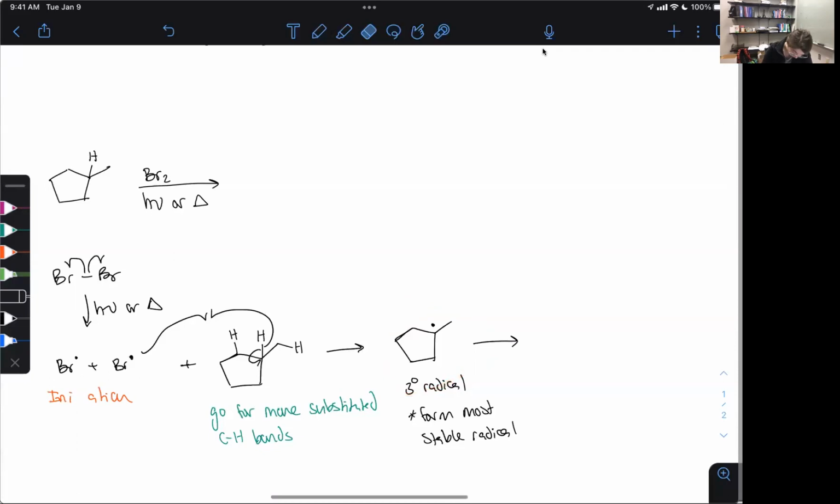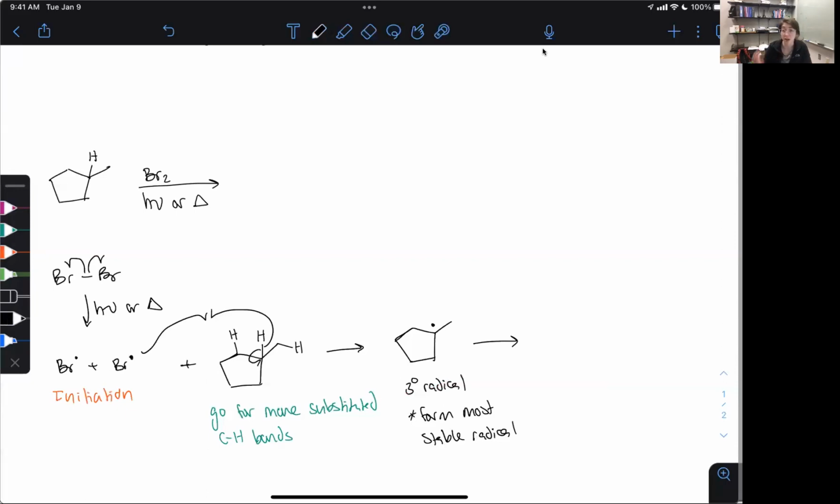I don't know if that helps. Let me try again. Okay, so that's our initiation step. And then the next step that we're about to do is our propagation step.